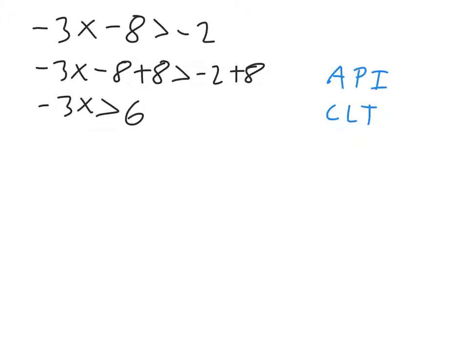Now we want to get rid of this negative 3 here, so we need to divide both sides by negative 3. However, it's a negative number, so we have to use the negative division property of inequality, which means we're going to write this as negative 3x divided by negative 3 is less than 6 divided by negative 3.